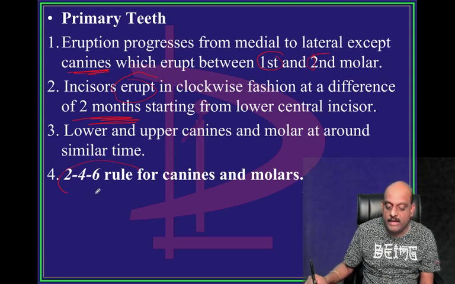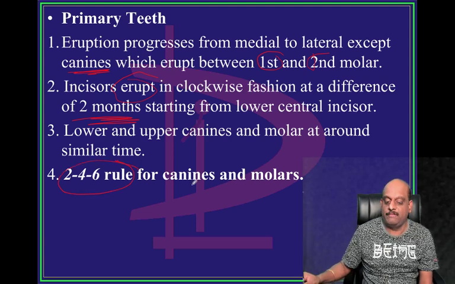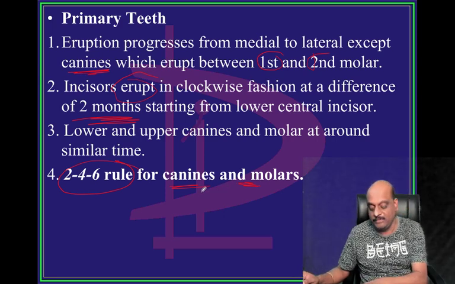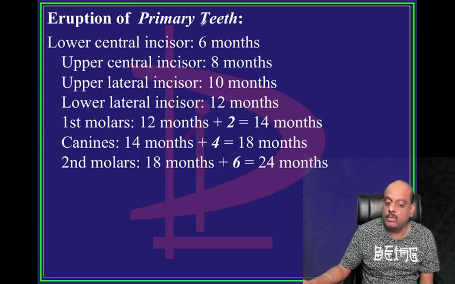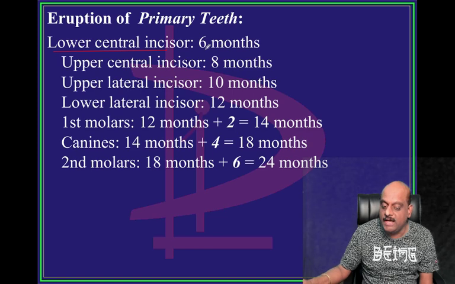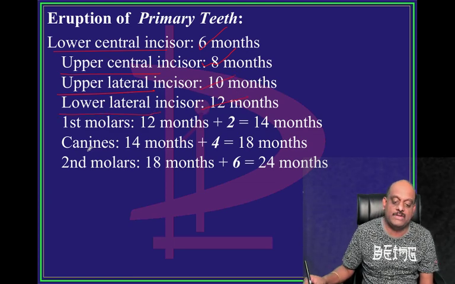Now, there is a 2-4-6 rule for canines and molars. The lower central incisor is at 6 months, upper central incisor 8 months, upper lateral incisor 10 months, lower lateral incisor 12 months.